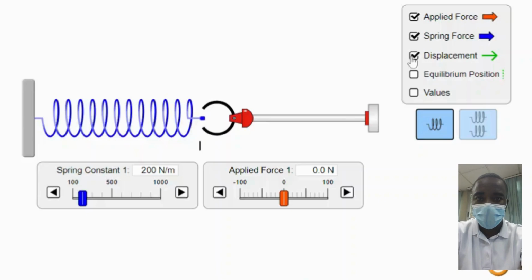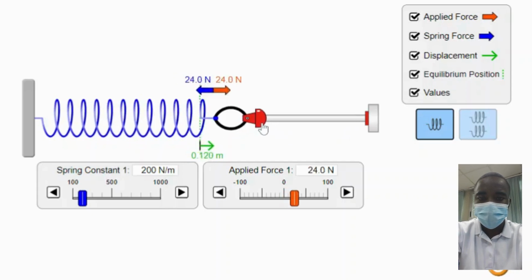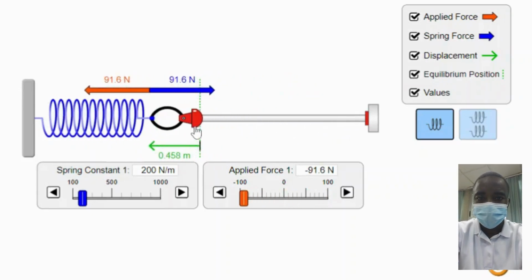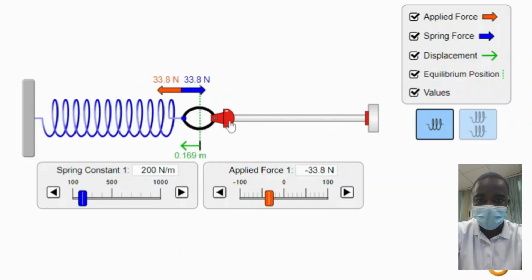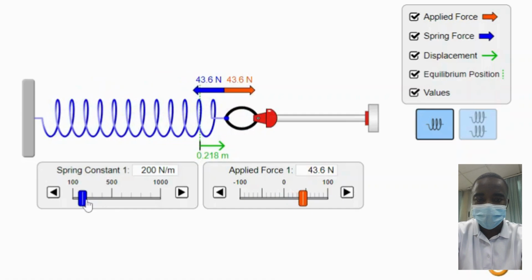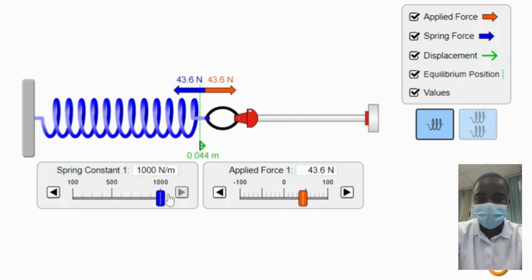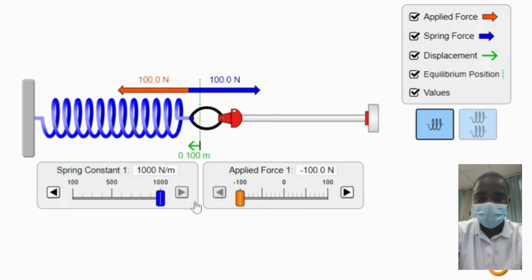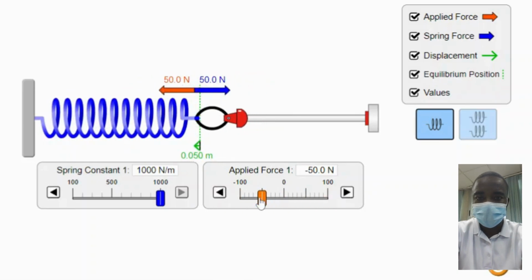The simulation on the relationships between applied force, displacement, and equilibrium is an interactive educational tool designed to help students understand the fundamental principles of Hooke's law and the behavior of springs in various configurations. This simulation allows students to investigate how the applied force and effective spring constant change when two springs are connected in series or parallel.